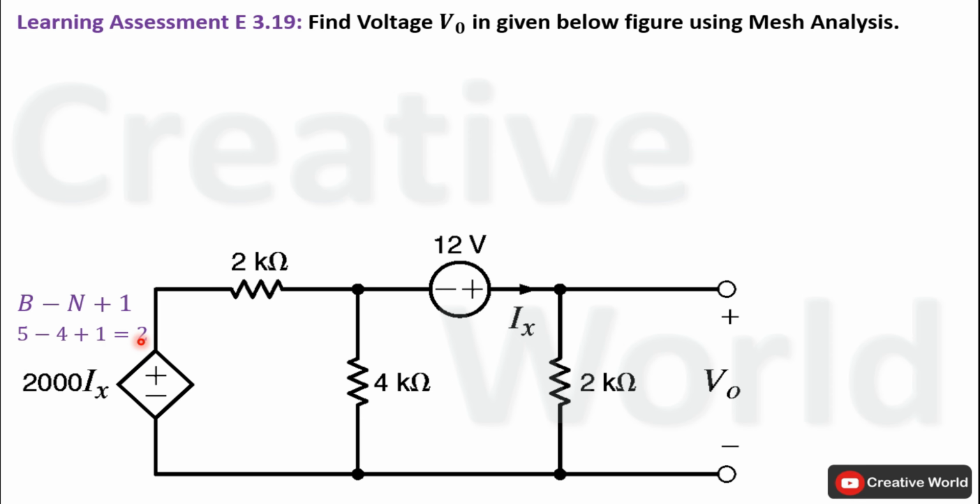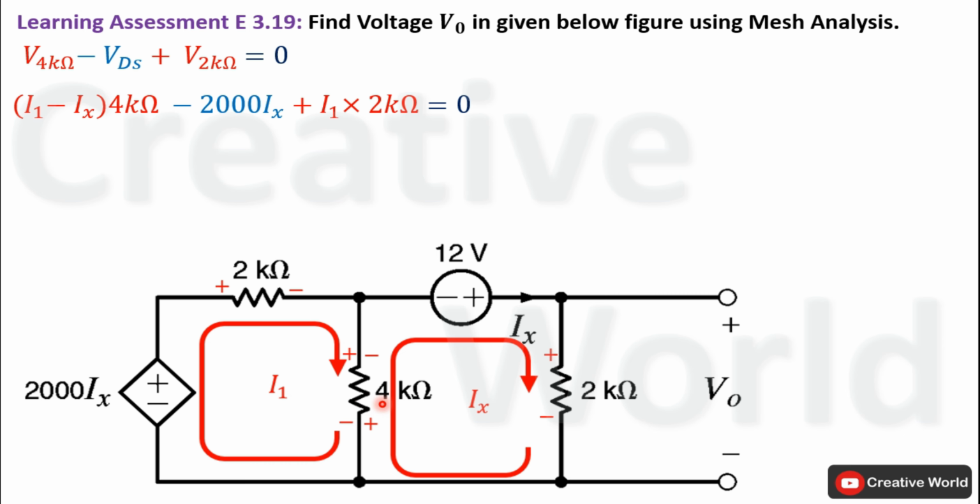Voltage across this 4 kilo ohm resistance will be equal to the product of current through it and the value of resistance. In this case, this is the common branch between these two meshes. So two currents will be flowing through this branch and both are in opposite direction to each other.